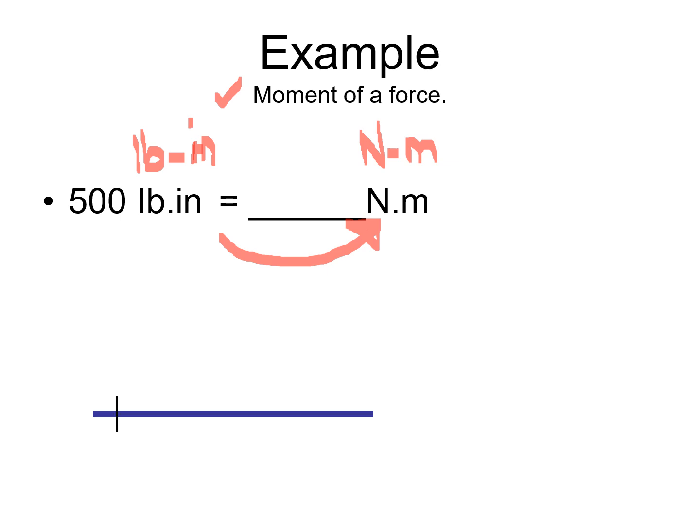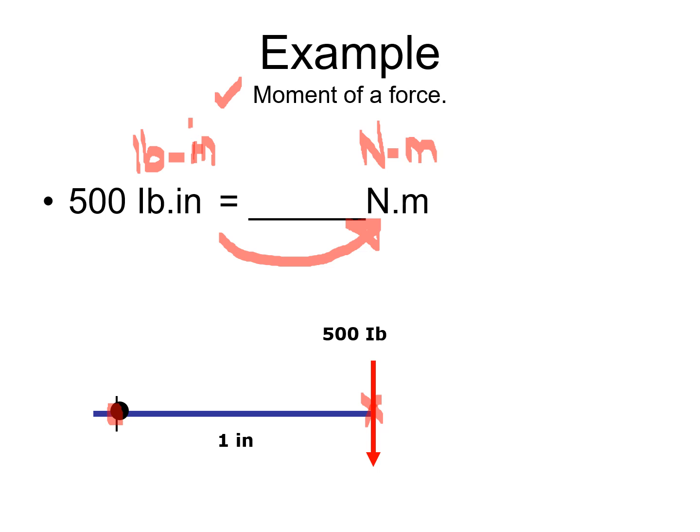It causes rotation about an axis or a point here. So this is the point. I'm going to apply 500 pound at the end here. Let's say the length of this lever is 1 inch.